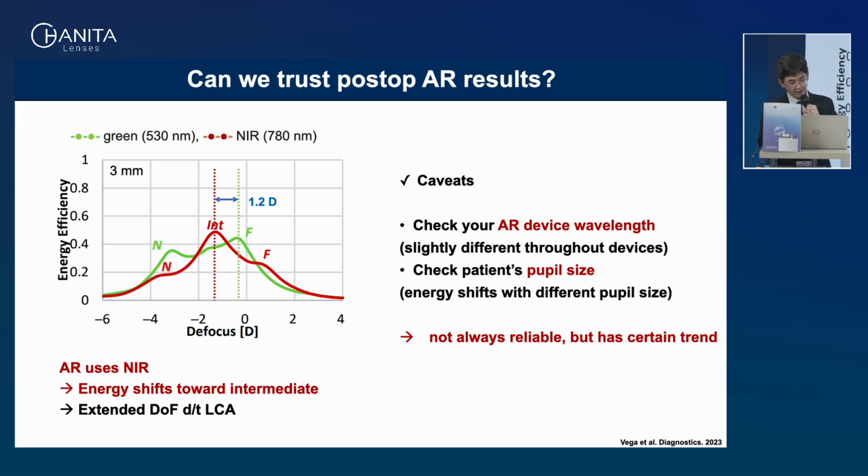One more caveat is that you should check your own AR device for the wavelength, and also you should think about the patient's pupil size if you want to use your own AR results with this IOL implantation.